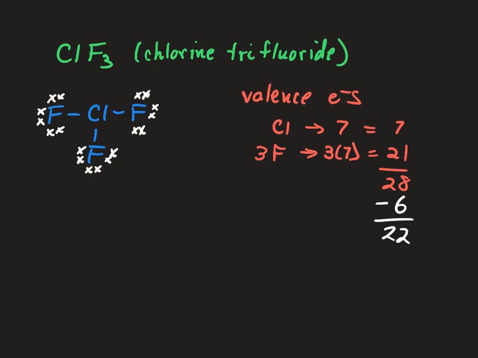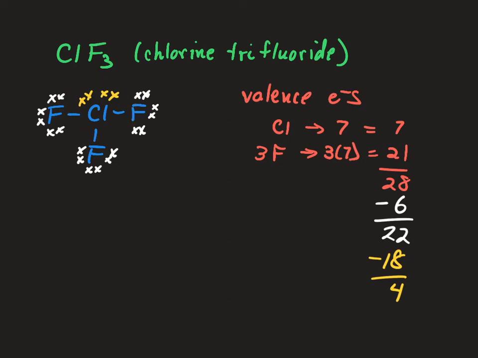That takes away 18, leaving us with 4. Those go as pairs on the central chlorine. So each fluorine has 2, 4, 6, 8 around it, and the chlorine has 2, 4, 6, 8, 10. It exceeds the octet, but it can do that because it is in period 3 and has room for more than 8 electrons.